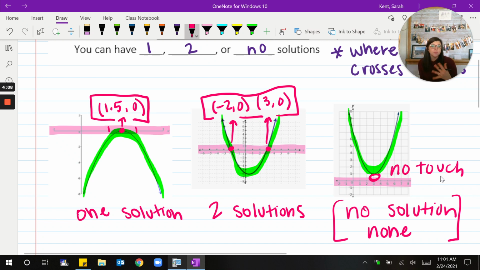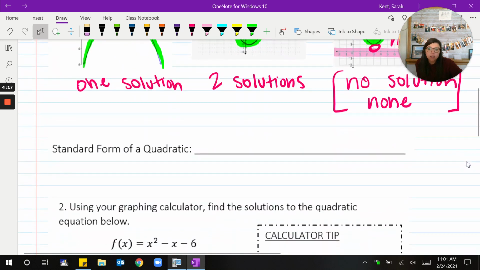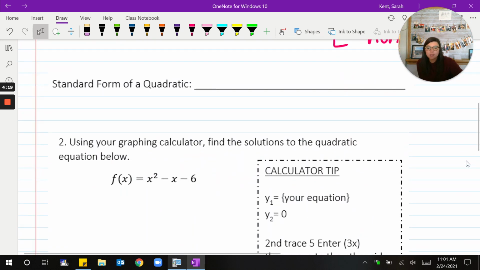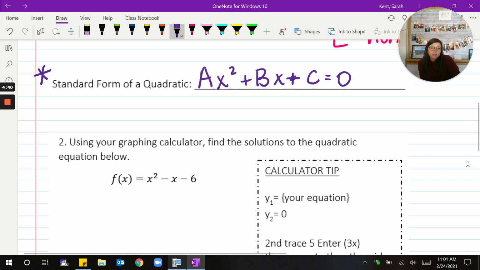So sometimes you will not get the graph. Sometimes it will give you the equation. So we're going to use our calculator to help us find those solutions. So standard form of a quadratic, this is what we want every time. This is where we have to start. This is when we have ax squared plus bx plus c equals 0.